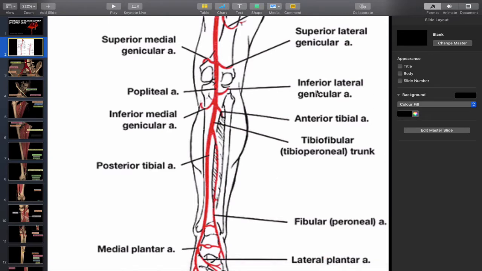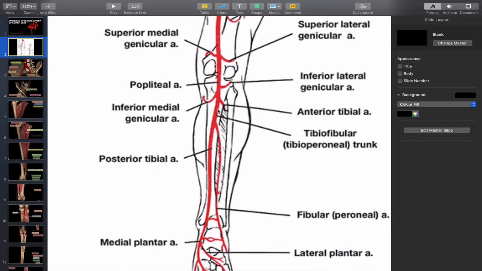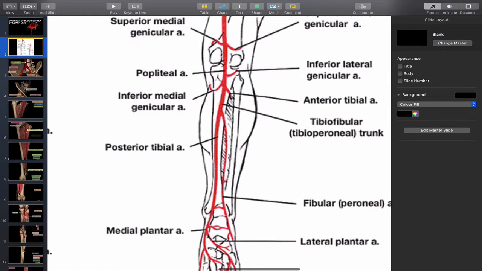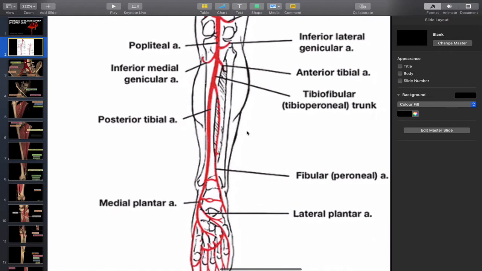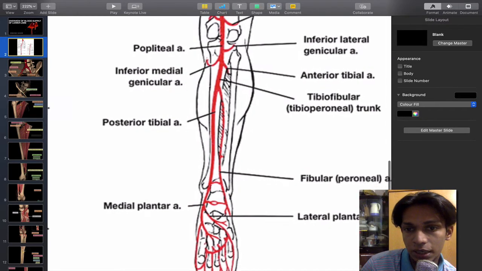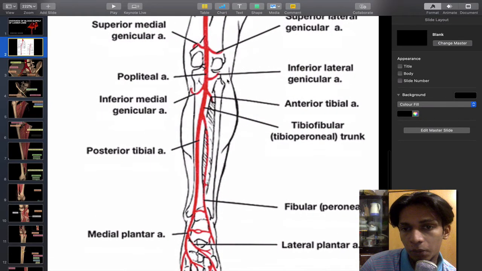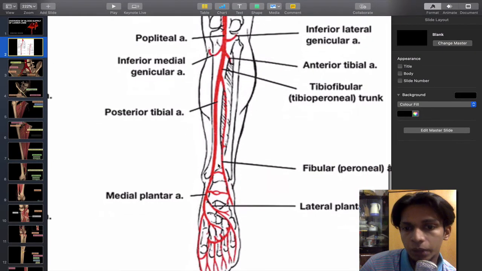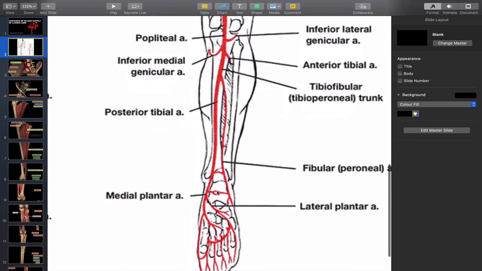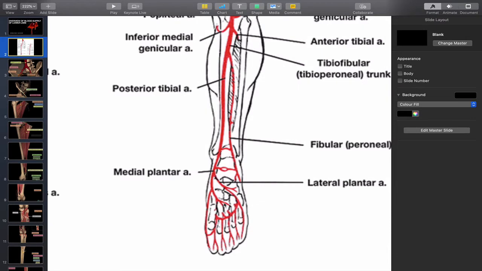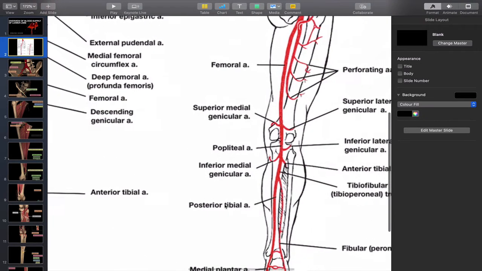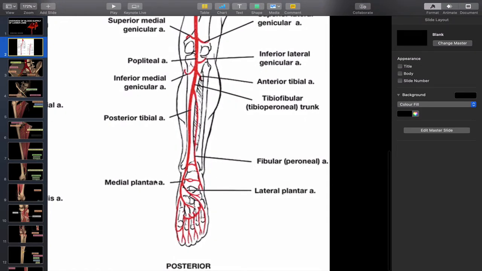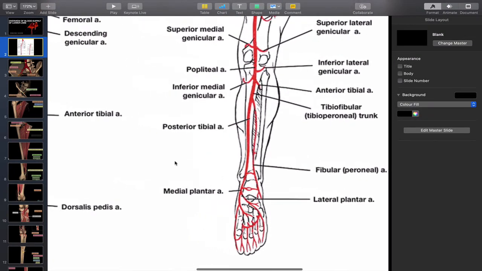Now the anterior tibial artery is going to cross the interosseous membrane of the tibia and fibula and enter the anterior compartment of your leg. Considering that we are studying the leg portion, because this diagram is not much visual, later on it will supply the plantar side of the foot, forming the medial plantar artery and lateral plantar artery.